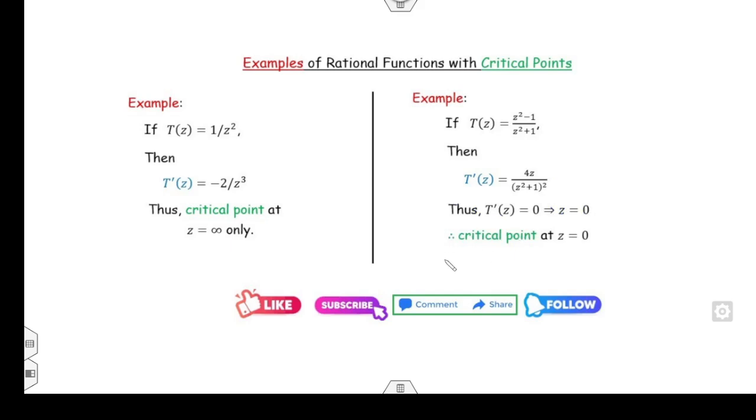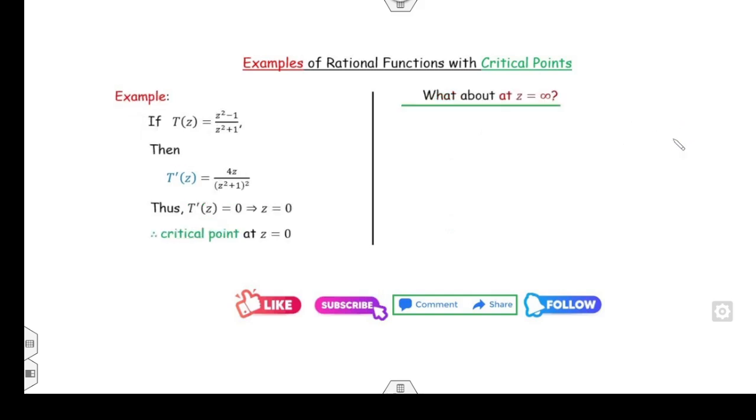Second case is, can you find the value of z so that t dash of z becomes infinity? Because the critical point occurs whenever t dash goes to 0 or t dash goes to infinity. That point is called a critical point. Now what can you say about infinity? The easiest way is to check the limit as z approaches infinity of t dash of z.